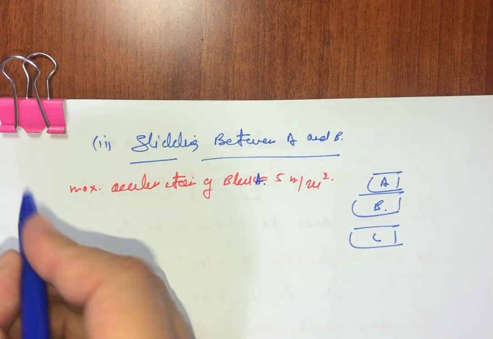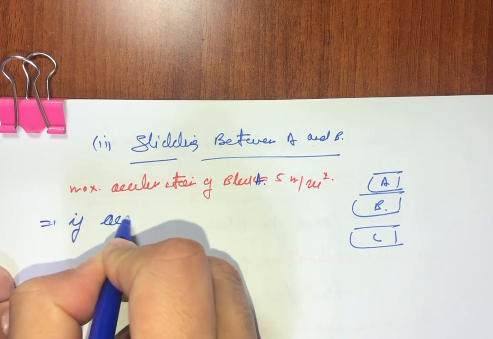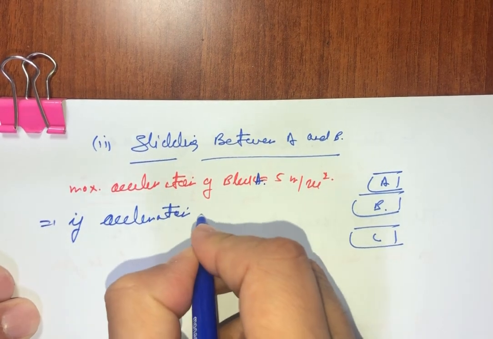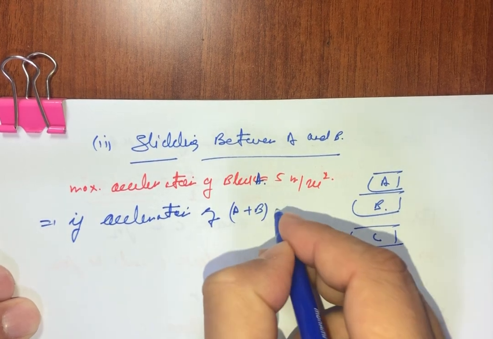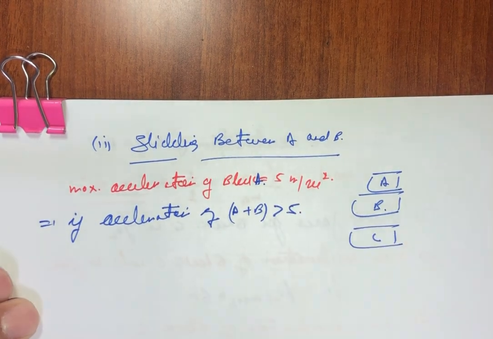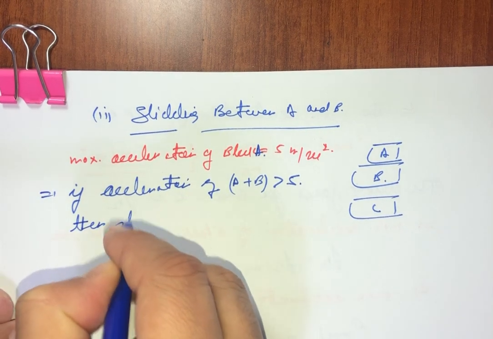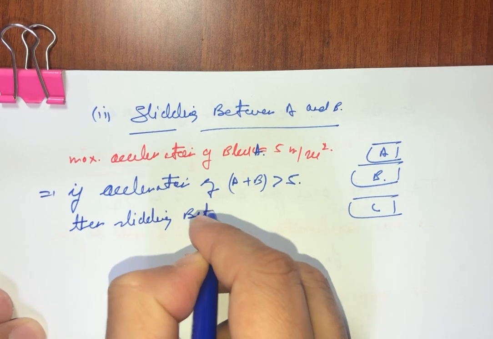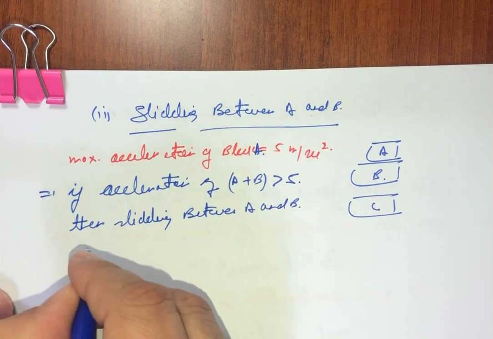So you can say from here that if the acceleration of A plus B is greater than 5, then sliding between A and B starts.